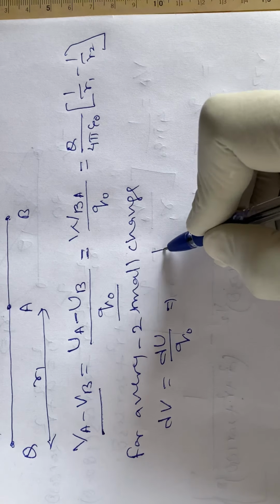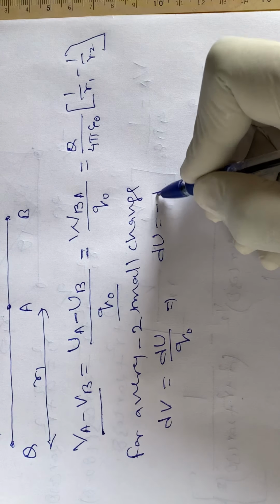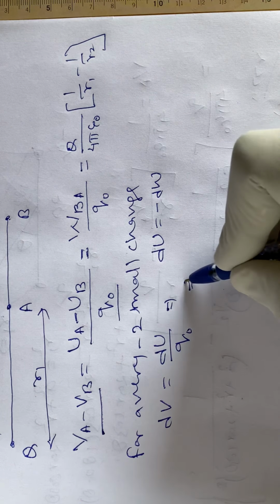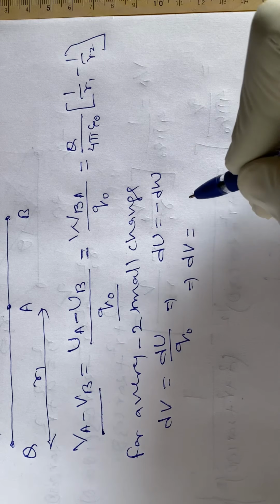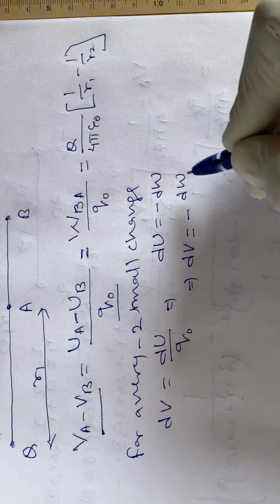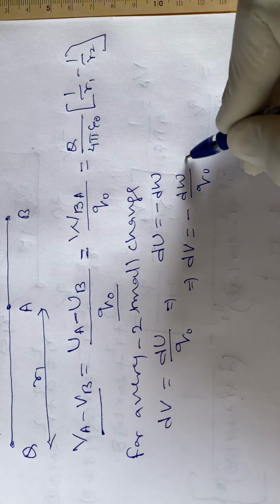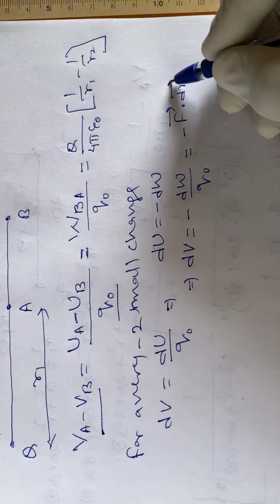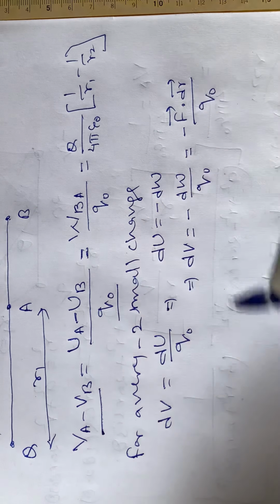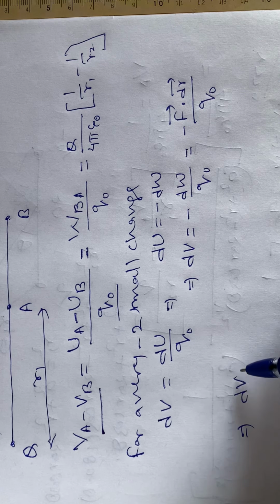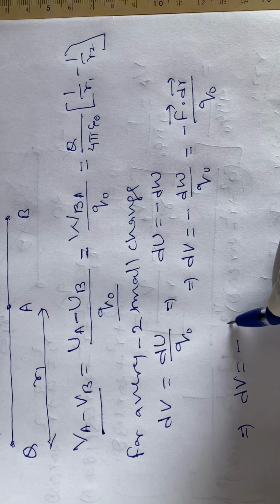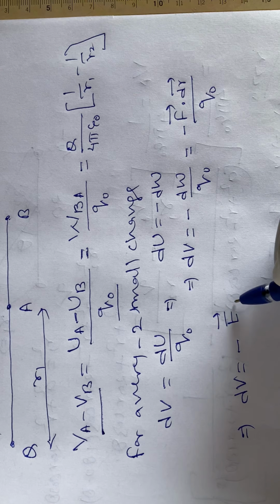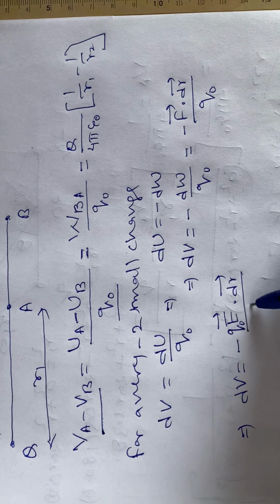We know that dU is the negative of the work done, so this expression can be written as dV equals minus dW over Q naught, which is also equal to minus F dot dr over Q naught.